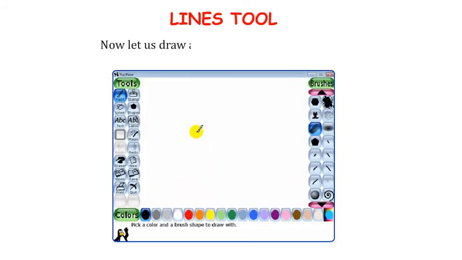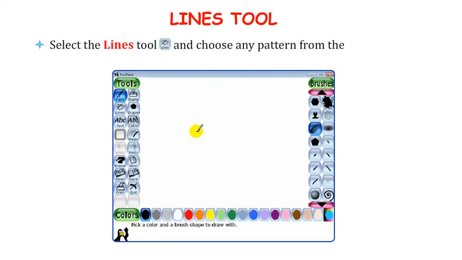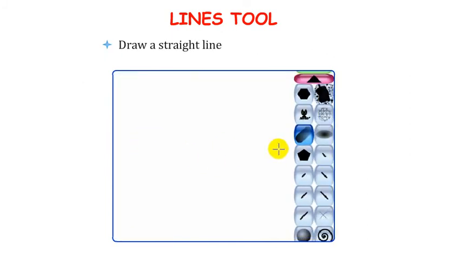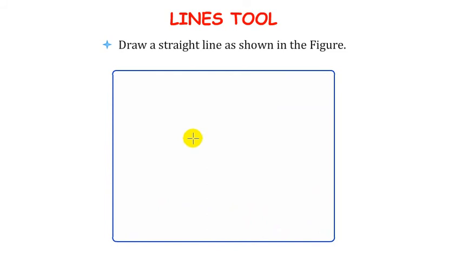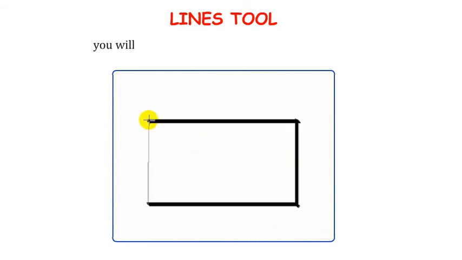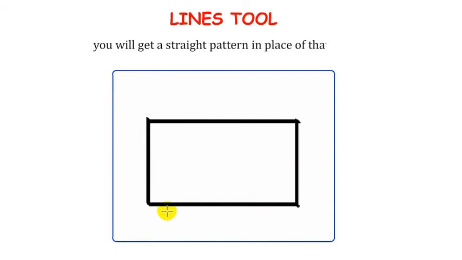Now let us draw a pattern using the Lines tool. Select the Lines tool and choose any pattern from the SUB-TOOLBOX. Draw a straight line as shown in the figure. When you release the left mouse button, you will get a straight pattern in place of that line.